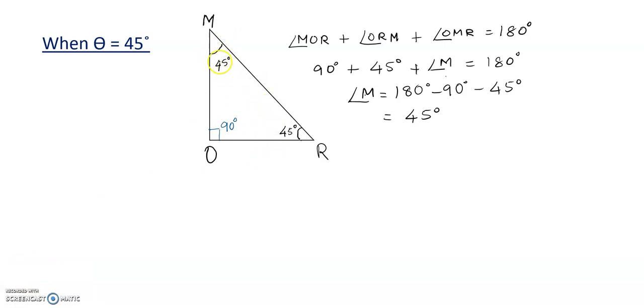You will notice that these two angles are equal. So what does that mean? That means this is an isosceles triangle. In an isosceles triangle, two angles are equal, which means their opposite sides will also be equal. That is, the side which is opposite to 45 degrees, which is this angle M, will be equal to the side which is opposite to this 45 degrees, this side here OM.